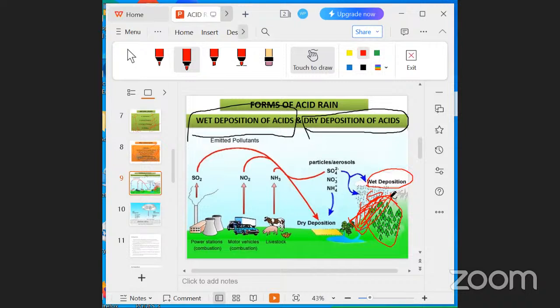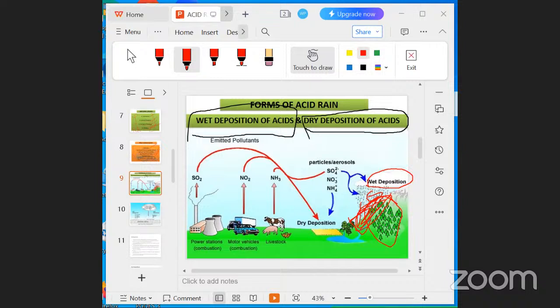So these are the most affected. The water from drains flows into rivers and canals, which then mix with seawater, thereby affecting marine habitats also. Okay, these are the main effects of wet deposition of acids.